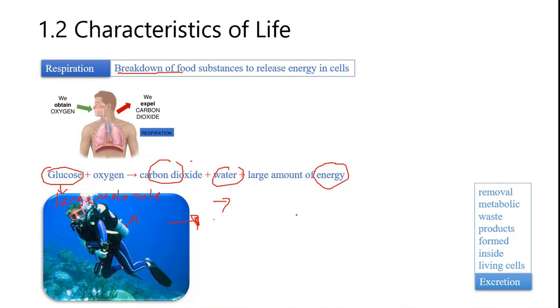The waste products: sweat, water vapor. Sweat consists of water vapor, right? It consists of water vapor and also mineral salt.